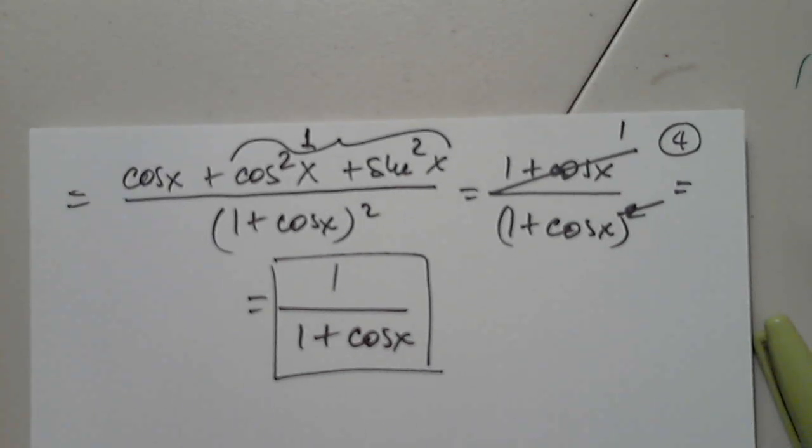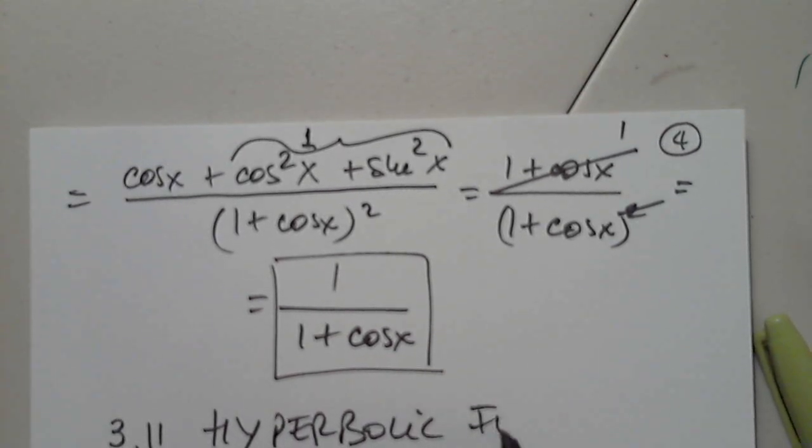Okay, so the next item on the agenda is section 3.11, hyperbolic functions. And I wanted to share my screen for a moment with you. I'm clicking on the ebook. This is the last section of chapter 3.